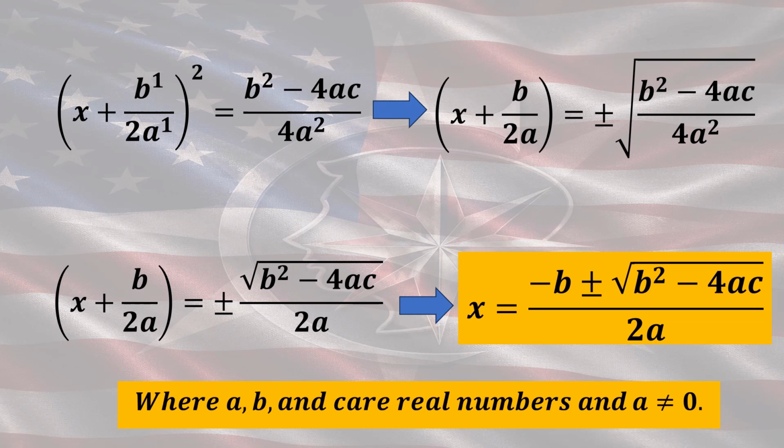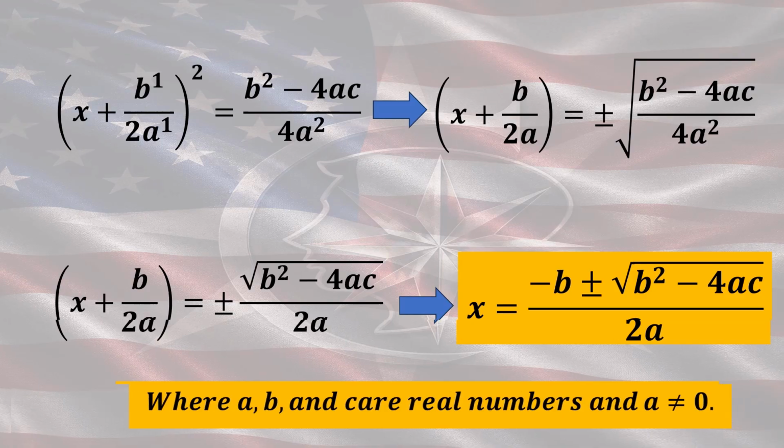X plus b over 2a equals plus or minus the square root of b squared minus 4ac over 2a. 6. Finally, add -b over 2a to both sides of the equation and combine the terms of the right side. Thus, x equals -b plus or minus the square root of b squared minus 4ac all over 2a, where a, b, and c are real numbers and a is not equal to 0.